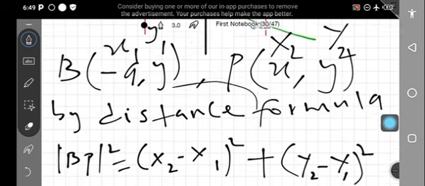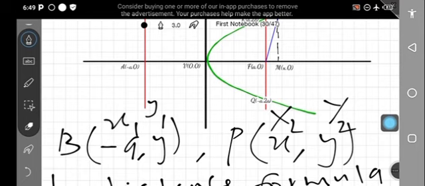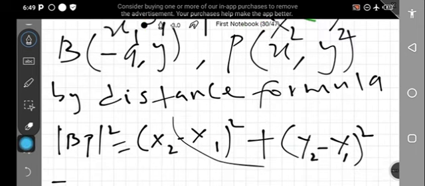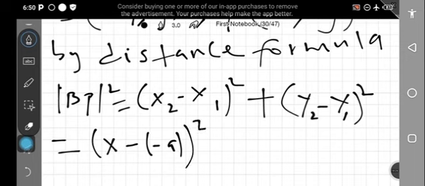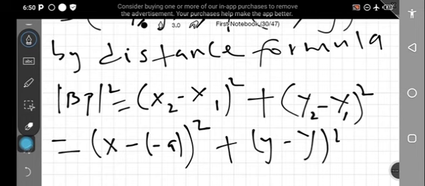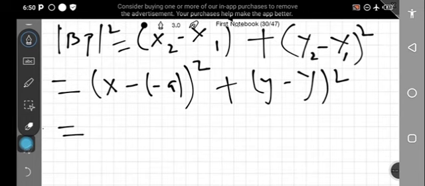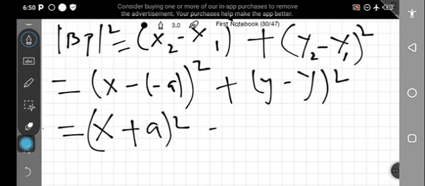Now we substitute these points. x2 is x, x1 is -a, y2 is y, and y1 is y. So we have (x - (-a)) raised to the power of 2 plus (y - y) raised to the power of 2, and this equals (x + a) raised to the power of 2 plus 0 raised to the power of 2.